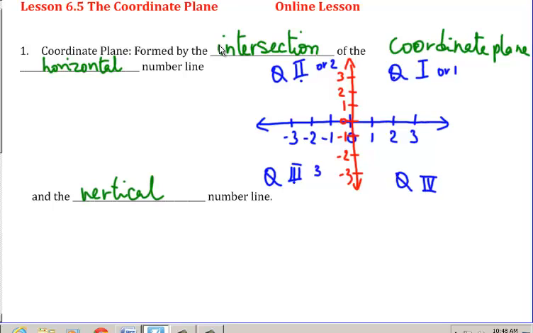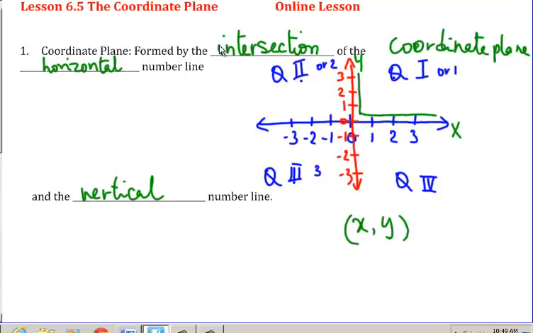Now, we all know that an ordered pair consists of x and y, and x is always the first number and y is the second number. Here, if you look, this horizontal axis is the x-axis and the vertical is the y-axis. This is quadrant 1.